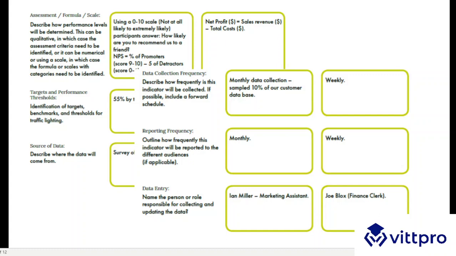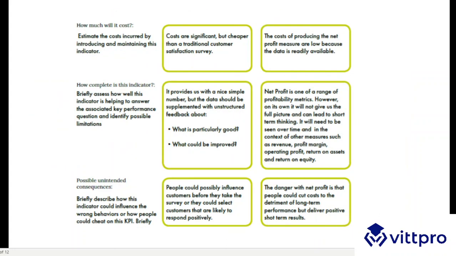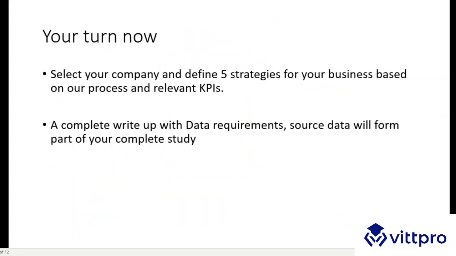Otherwise, you may develop information systems which are not useful for your objectives, or you may be missing a system which you should be collecting but are not collecting. So that is the idea of the KPI.